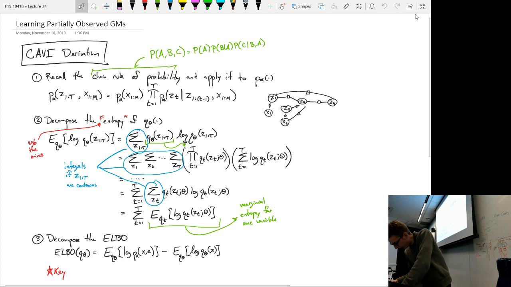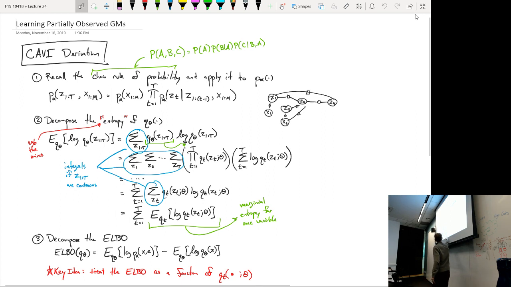So the key idea here is to treat the ELBO as a function of q_t(z_t | theta). Really, this is the whole distribution. So it's not for a specific z_t. It's for all possible z_t's, right? So treat it as a function of this little variable-specific distribution, keeping the others fixed.